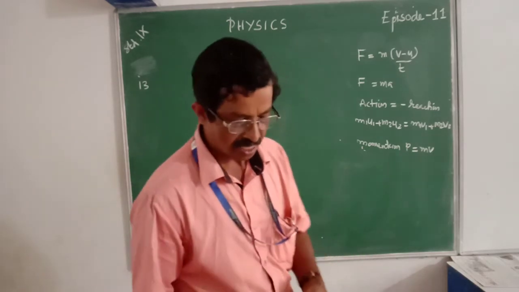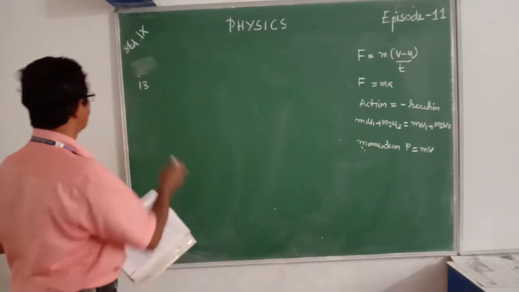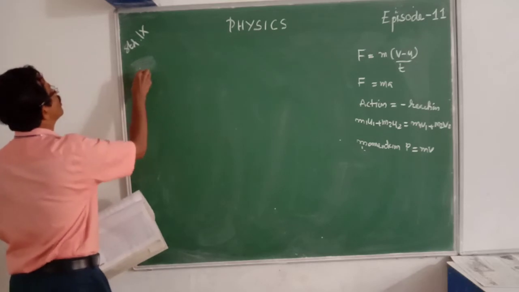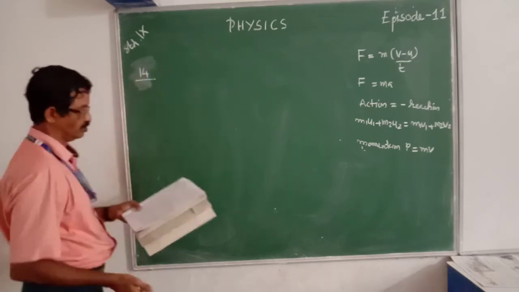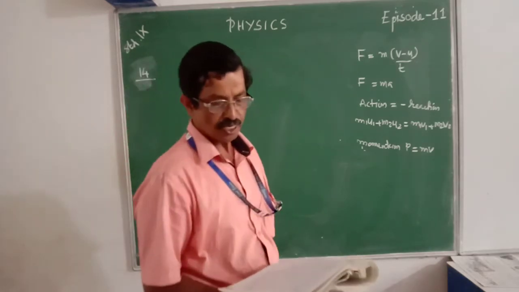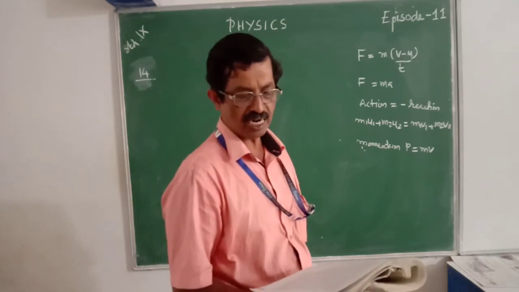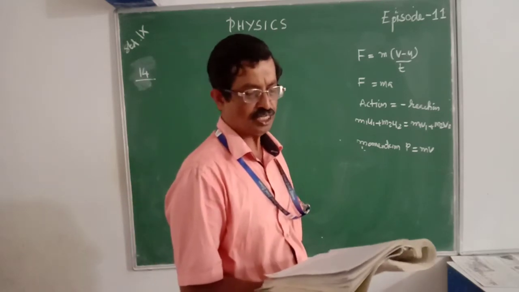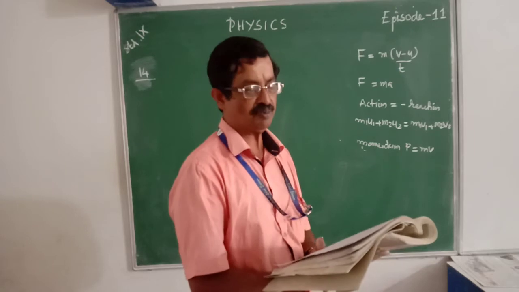Now question number 41. A bullet of mass 10 gram traveling horizontally with a velocity of 150 meter per second.